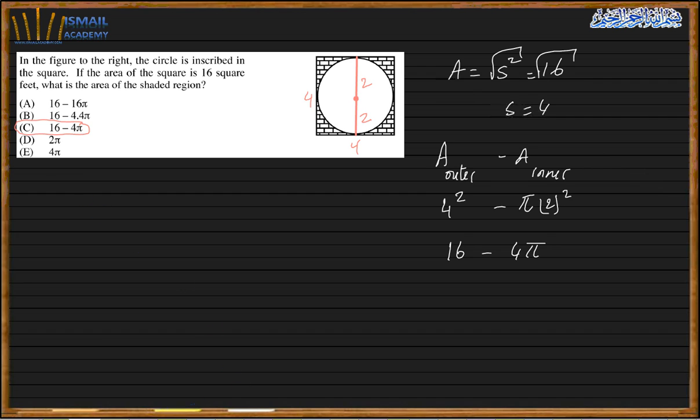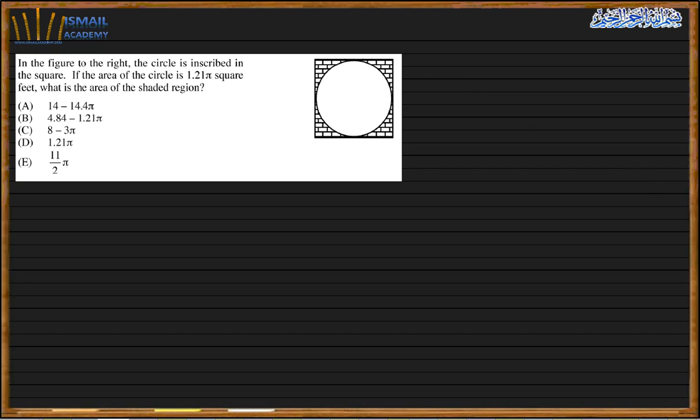Next question. Here we have the same type, but they give us the area of the circle. The area of the circle is pi r squared, which is the same as 1.21 pi. If I divide by pi on both sides, r squared equals 1.21. If I take the square root of both sides, r equals 1.1.